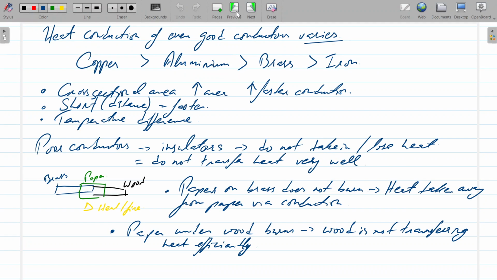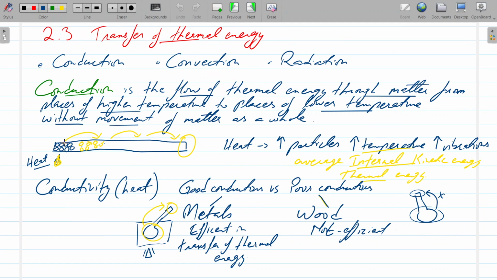So the question over here is, when we talk about the heat being transferred by the particles from one to the other, is it simply because these particles that are experiencing the heat directly are vibrating very fast, and because of their vibrations, the heat is being transferred? Not quite.